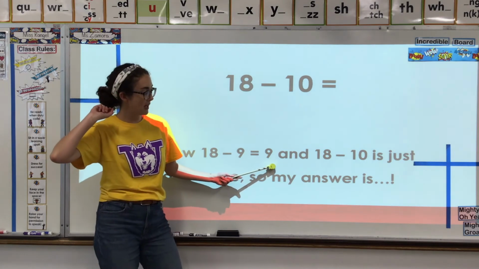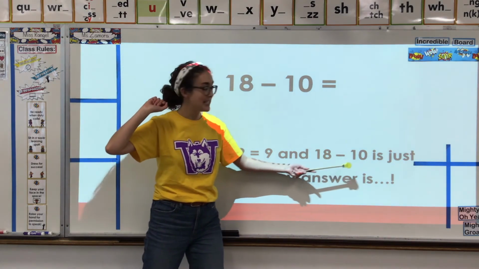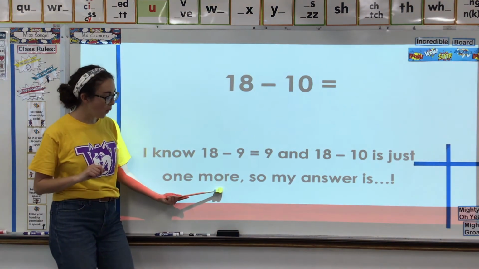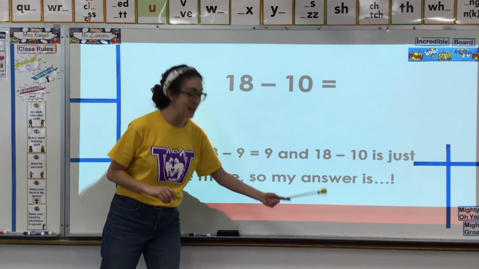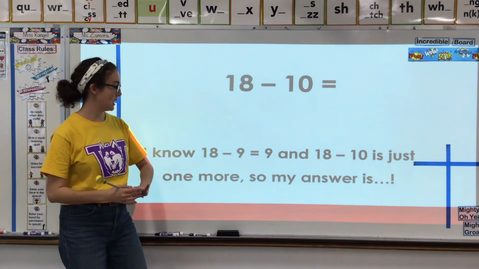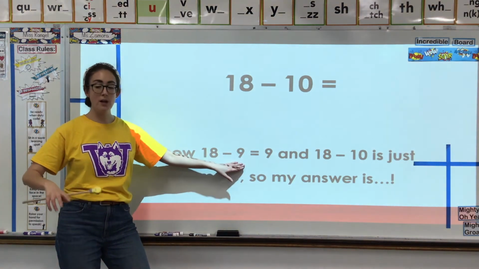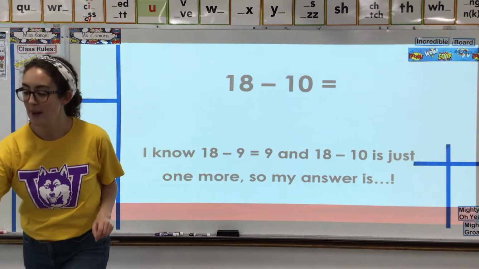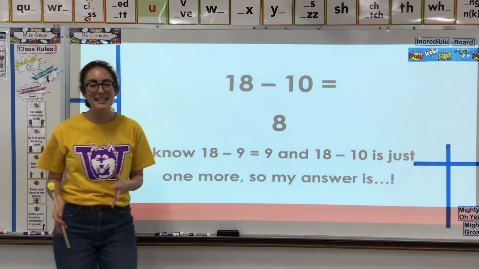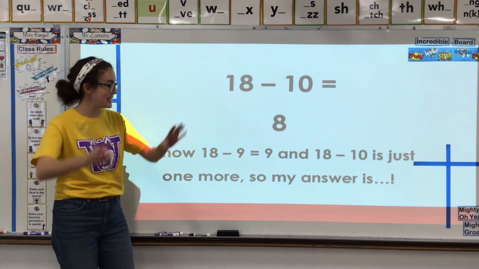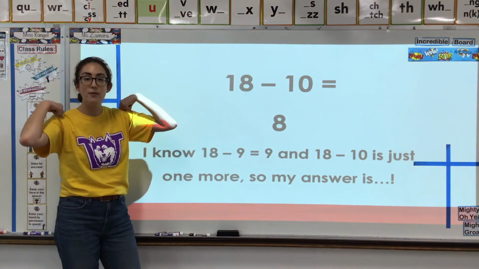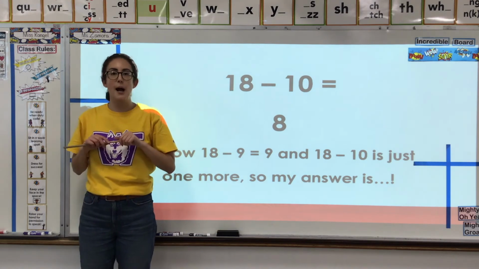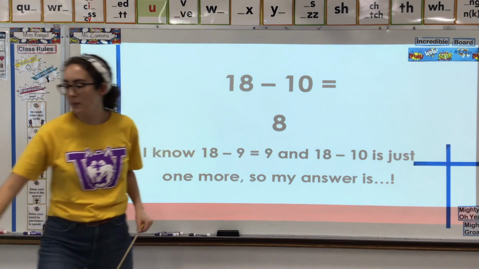And keep saying it with me. And 18 minus 10 is just 1 more. So my answer is, use your old knowledge, take another away, 8. Our answer is 8, as we took from our old fact and were able to solve a new fact. Good job. Okay, next one, keep it up.